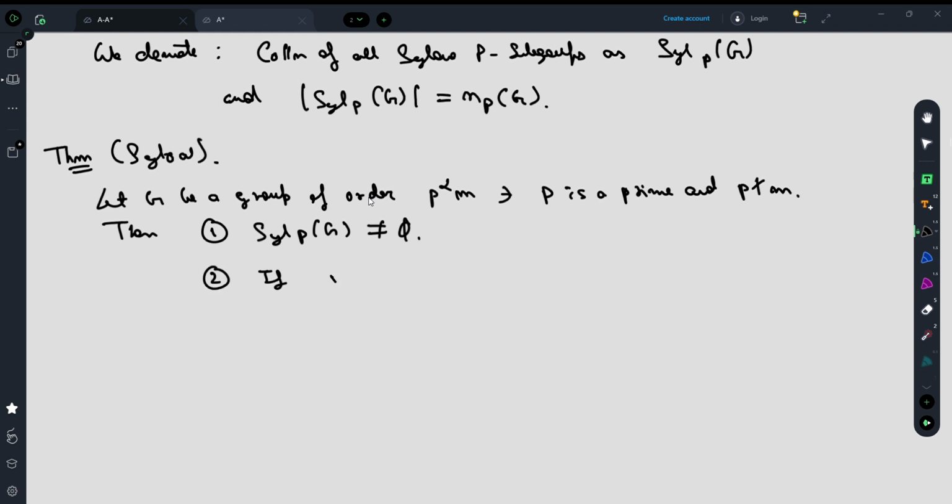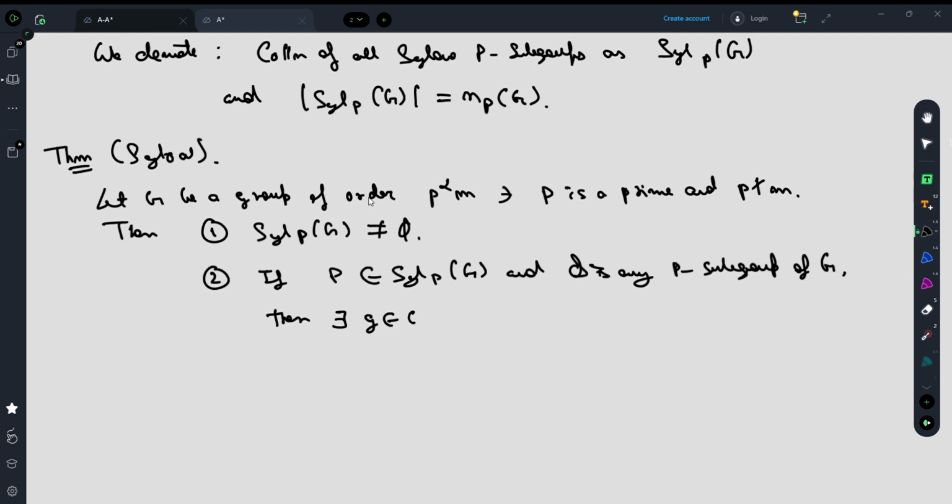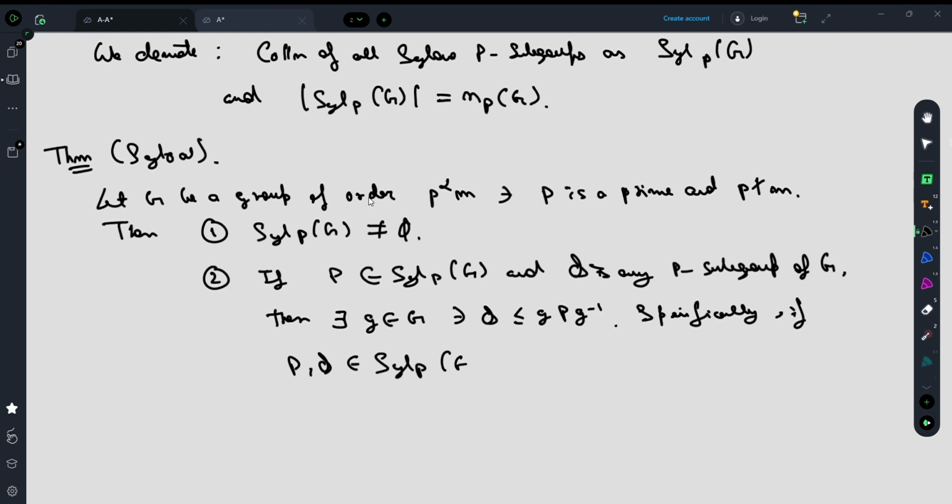Number two is that if P is a Sylow p subgroup of G and Q is any p subgroup of G, then there exists g in G such that Q is contained in the conjugate of P. Specifically, if we have two Sylow p subgroups of G, then they are conjugates to each other.